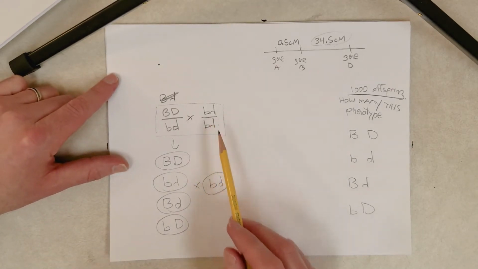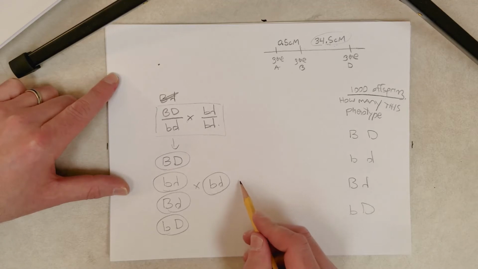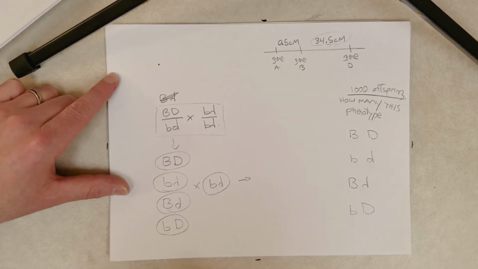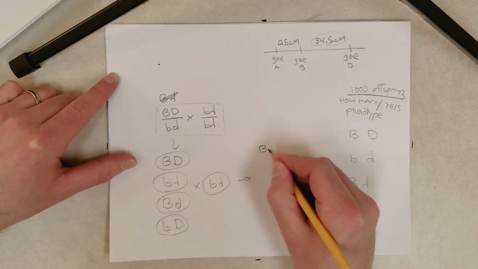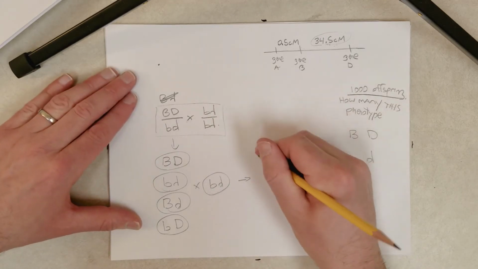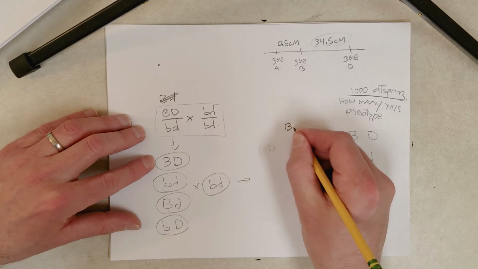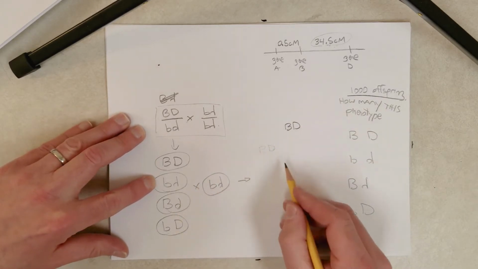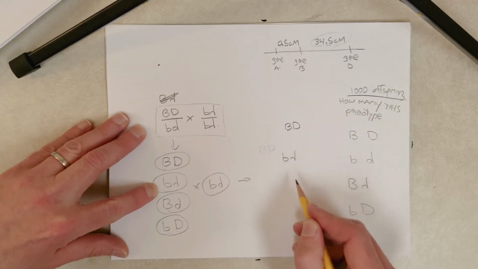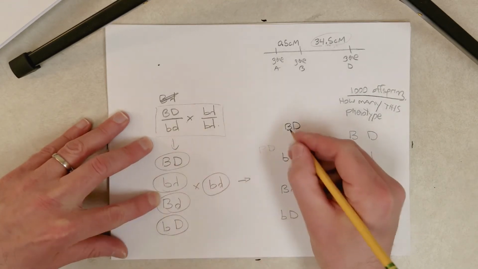And this parent over here can only make one gamete with one genotype, right? Little b, little d. So when we combine these, let me diagram this with a little more space. Genotypes: BD is going to go up here, little b, little d here, big B, little d here, little b, big D here.